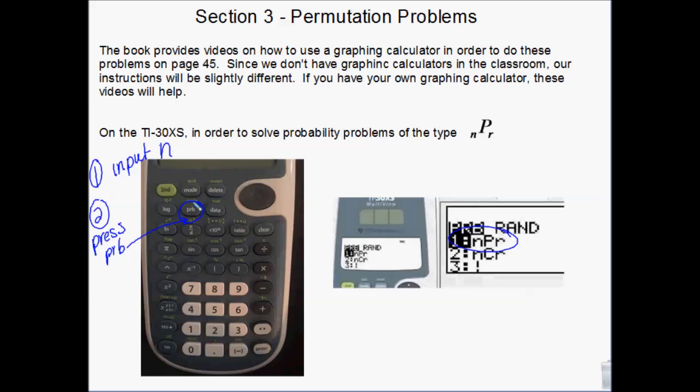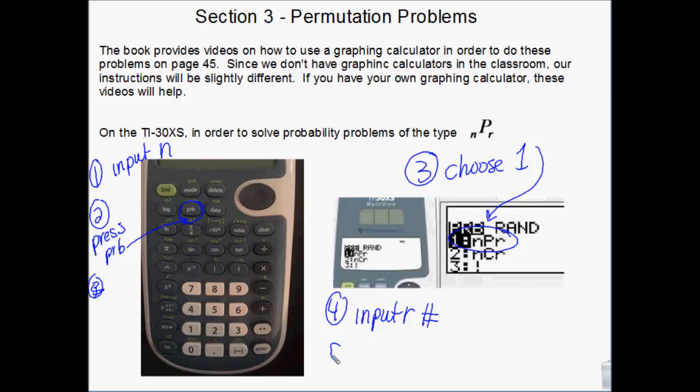Then you choose 1, which is NPR, because that's the kind of problems we're doing. Then you input the R number, and then you press enter.